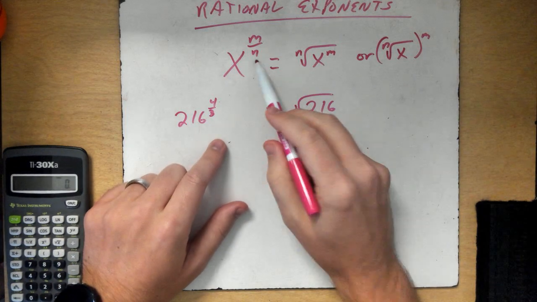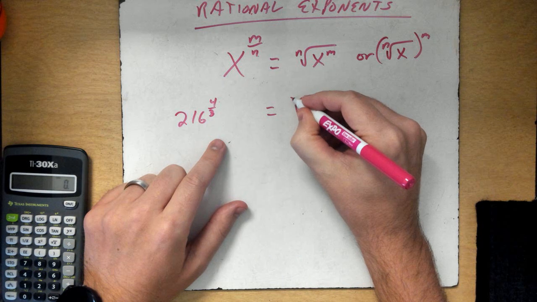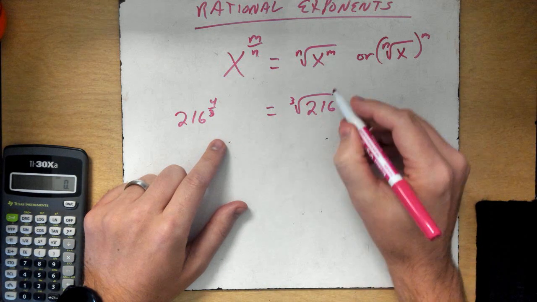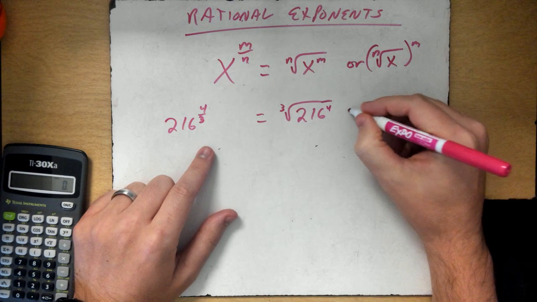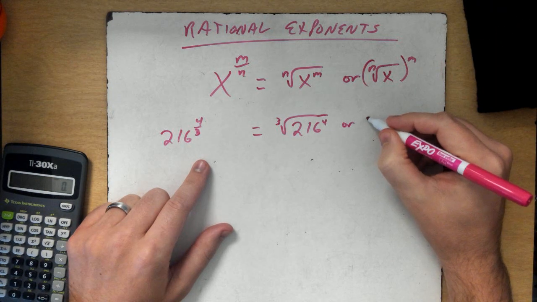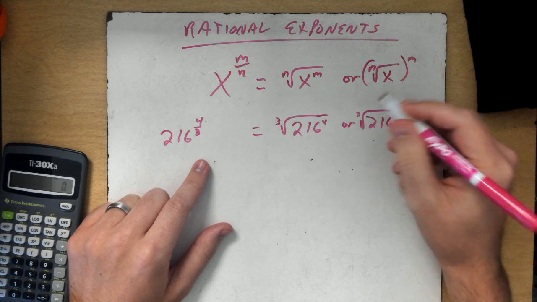Now, our bottom number goes outside, so our bottom number is 3. We're going to put that here. Our top number is going to go as our exponent here. Or we can write it as 216 with our root and then a 3 here. That's always going to be the same.